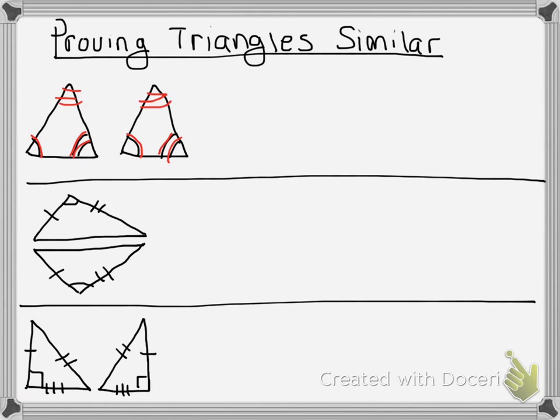But we don't have to know that. That is implied. Okay, so this is called the angle-angle postulate. If you know that two pairs of corresponding angles are congruent, then the two triangles have to be similar.